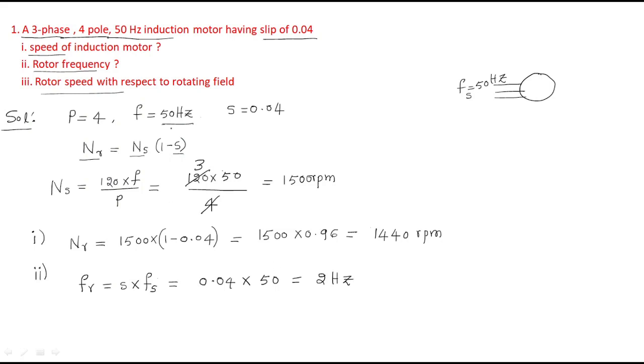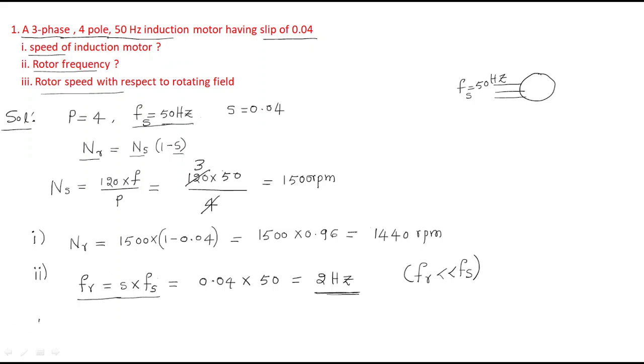Whenever the stator frequency is 50 Hz, the rotor frequency is 2 Hz. Compared with the stator frequency, the rotor frequency at running condition is very less. What is the reason? The rotor frequency is nothing but slip times the stator frequency. Slip is always a small value, that's why it is a low value.